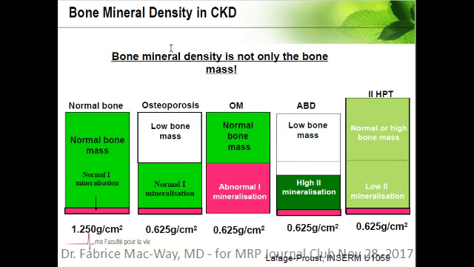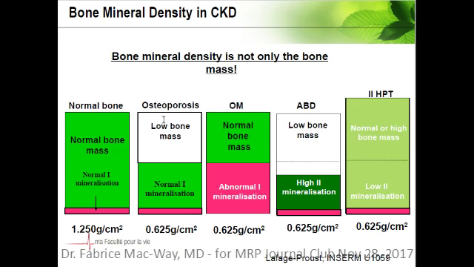So if you do bone mineral density by DEXA in this patient, you'll have, for example, 1.2 gram per centimeter square of bone mineral density. If you have osteoporosis, by definition, you have a low bone mass.